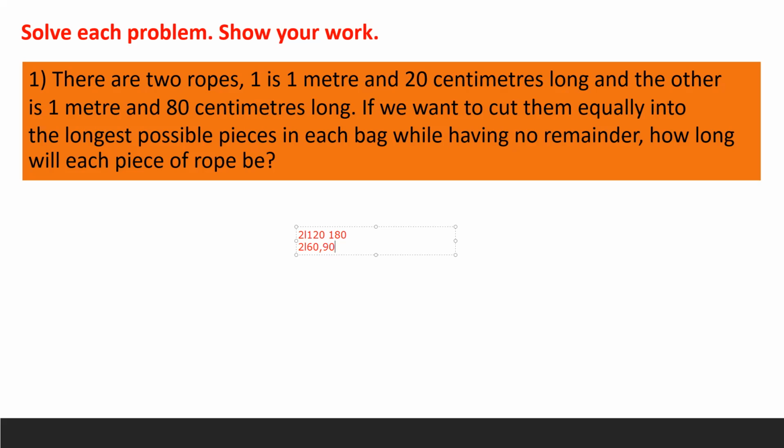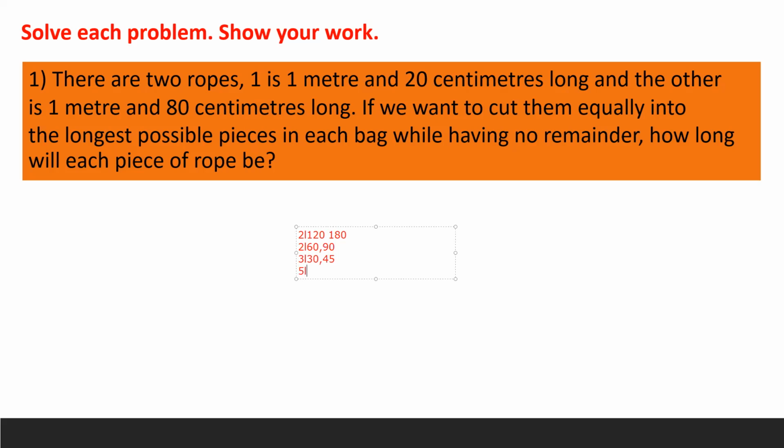And then you are going to divide by 3. 60 divided by 3 is 30, and 90 divided by 3 is 45. Okay, and then we are going to divide by 5.